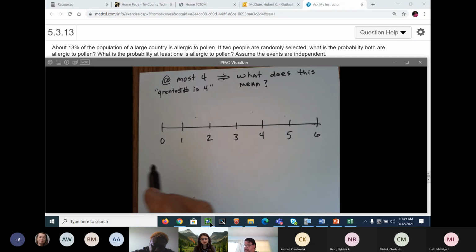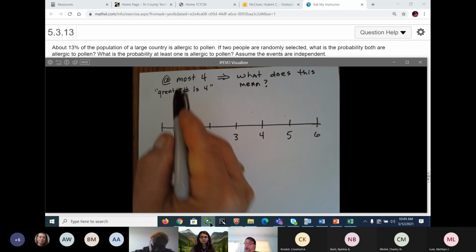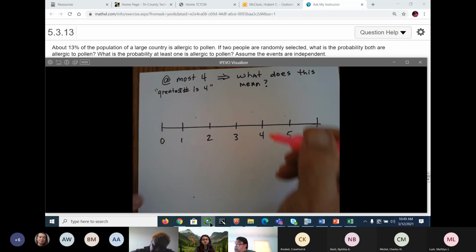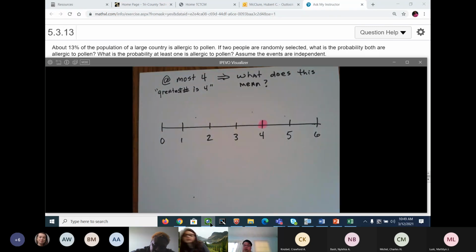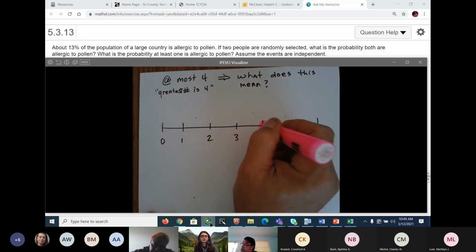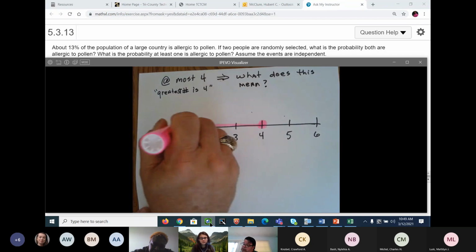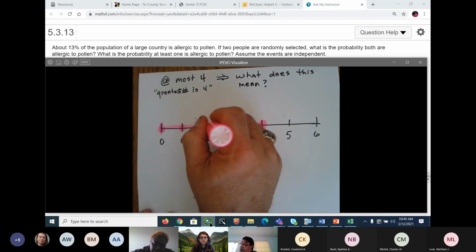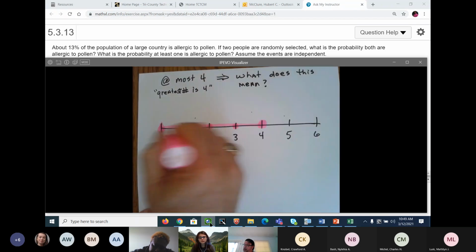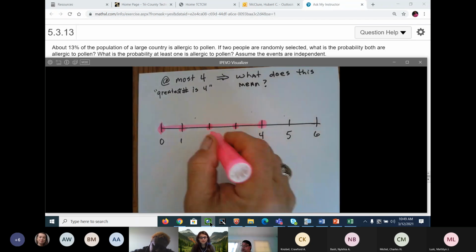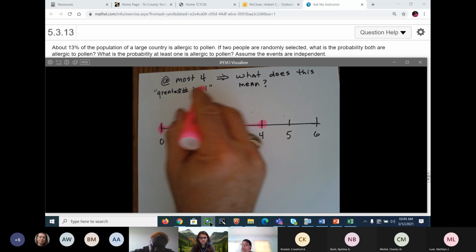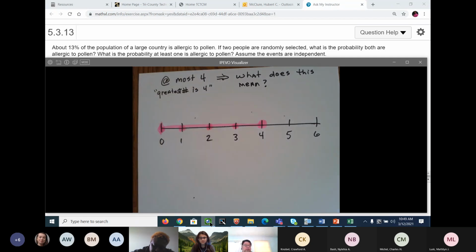So if you were actually to graph at most 4, you would highlight 4 and then you would shade where? Down to the 0. Good. And that would entail these 1, 2, 3, 4, 5 numbers. That's at most 4.